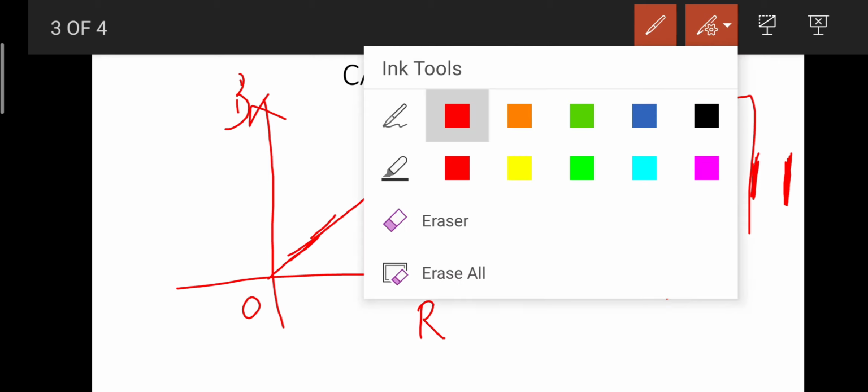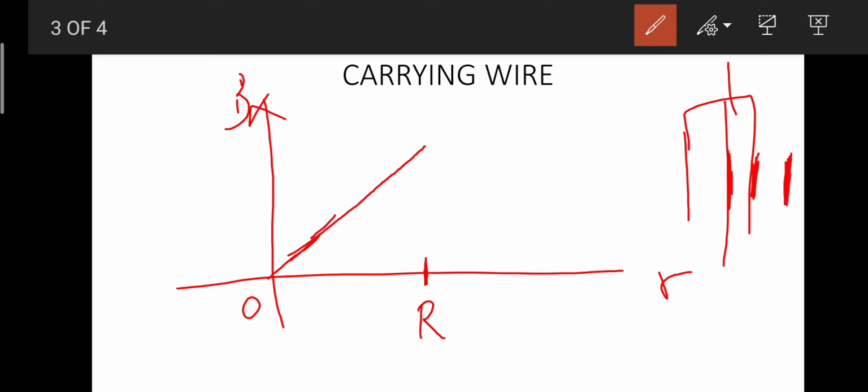Now this is the case inside the conductor. Up to that point, this is the 0 point origin, this is the R point, and this is the point which we are naming small r. So what we observe is that inside the conductor, B is directly proportional to r, reaching the surface point.